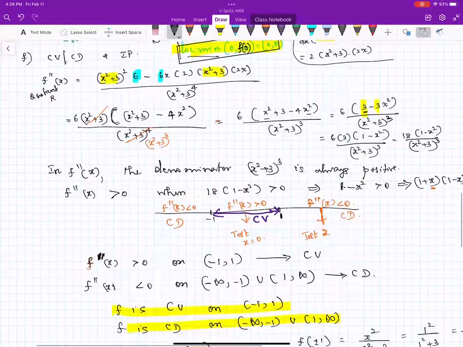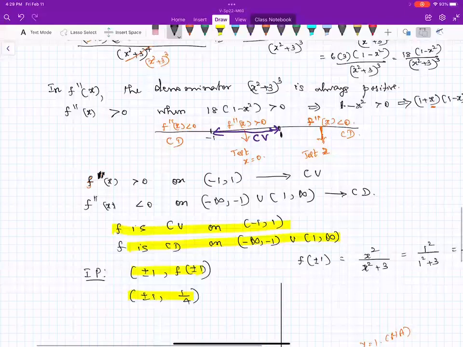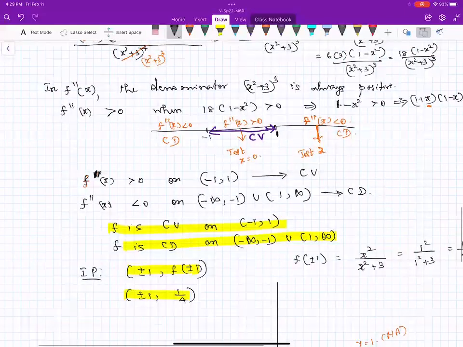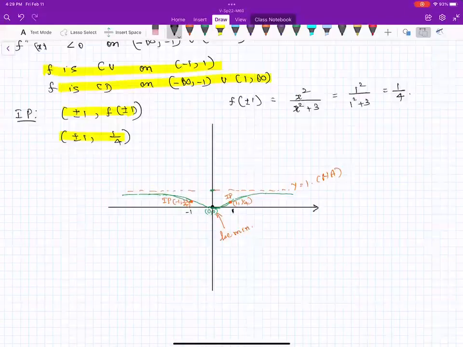We will include that information also in the graph. And then you can sketch the graph the way I have shown here. So it's the x-axis, the y-axis, and y equal to 1 is the horizontal asymptote. The graph is decreasing on the interval negative infinity to 0, increasing on the interval 0 through infinity.